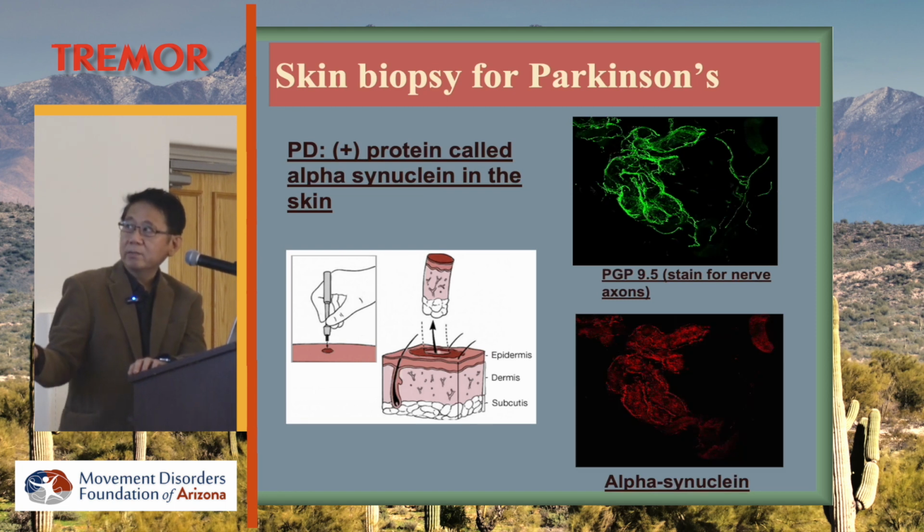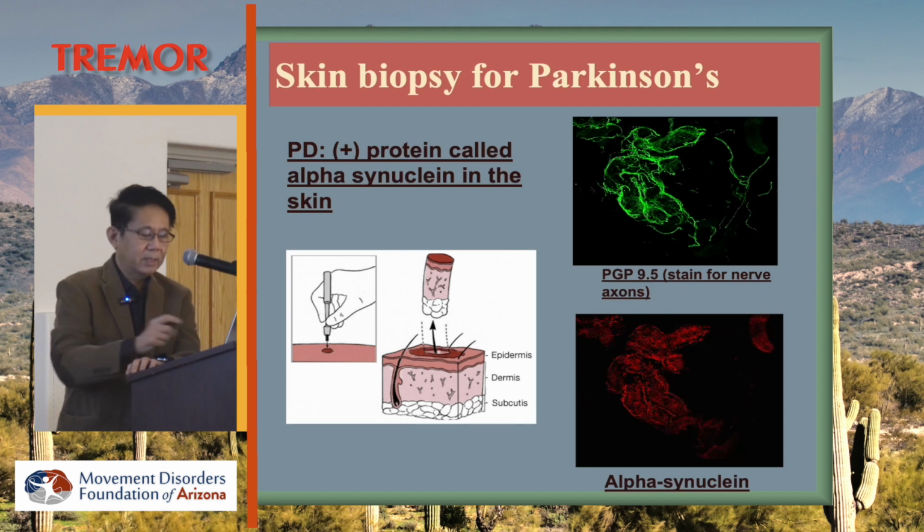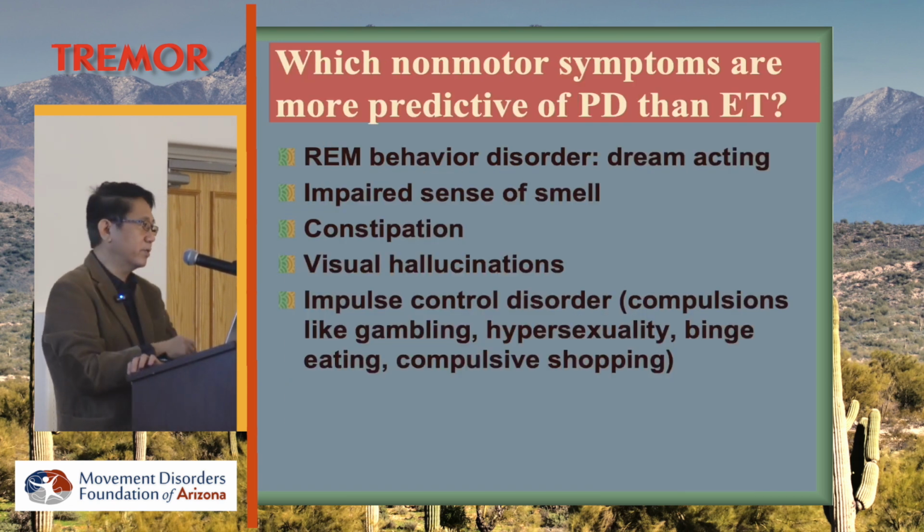If you compare what is green, which is where the nerves, the peripheral nerves, are, with the second image, which stains for alpha-synuclein, you will see that there is robust alpha-synuclein in the same nerves that were demonstrated in the previous stain. So this is how we confirm whether you truly have Parkinson's or not.